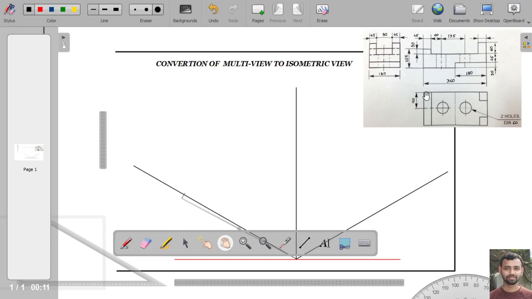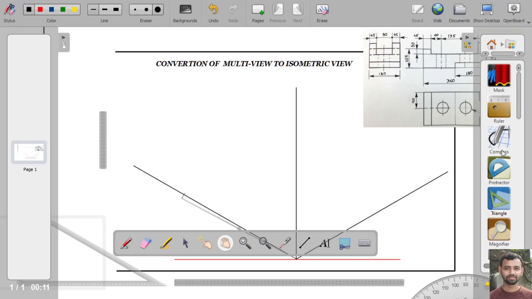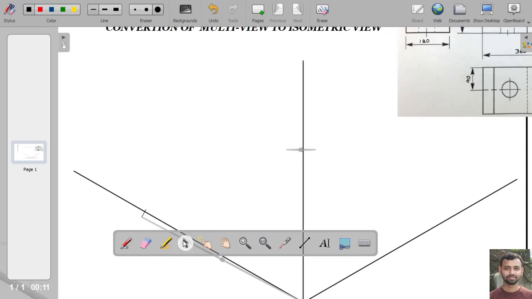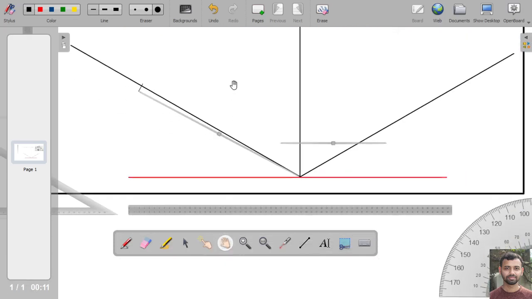So by the same method we will measure this dimension on the scale, and we will mark it on this isometric axis.